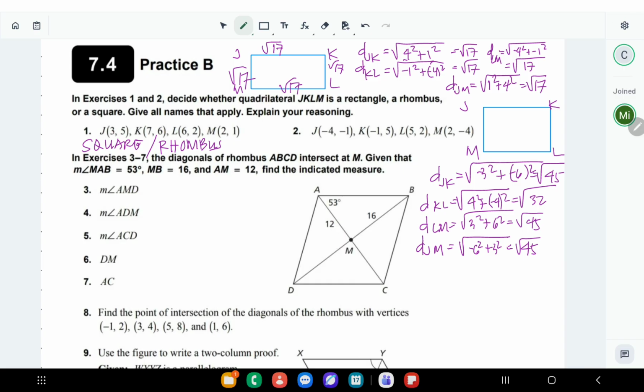KL: 1 minus 1, negative 1 minus 5 is negative 6, then 5 minus 2 is 4. So 45. Now 5 minus 2 is 3. So all of the sides are equal, so it can also be a rhombus or a square.